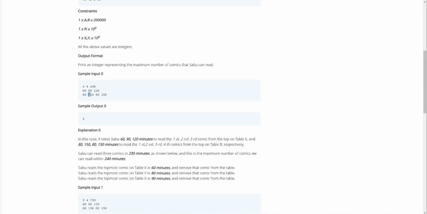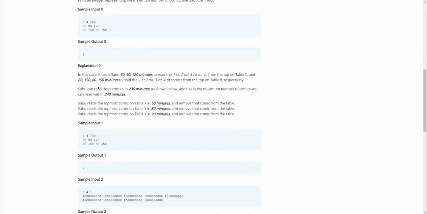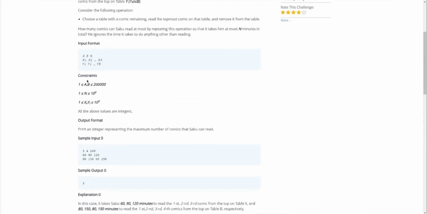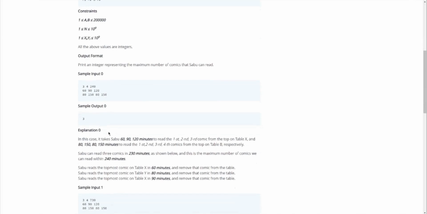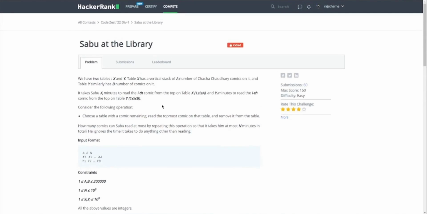He can't read more because he won't be able to complete reading the book, since he has only 240 minutes. So the sum of all the books read should be less than or equal to 240. That's the condition. So the output would be 3. He would be able to read only 3 comics. Now I guess the sample input and output have been explained well, and now we know what the question is.